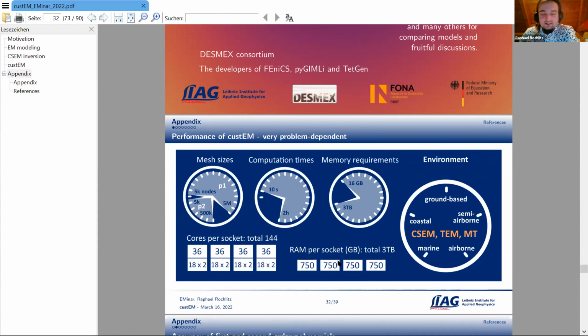So we have 4 sockets with a completely shared memory architecture. We have 750 gigabytes per socket, and with 4 of them we have 3 terabytes. This was something that people could buy in, I think, 2070 machine, I think, from Intel. So it's an Intel rack with Xeon Gold processors.